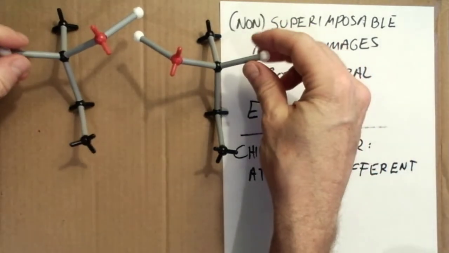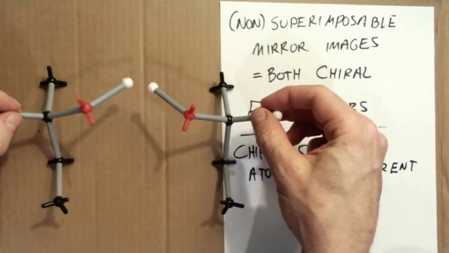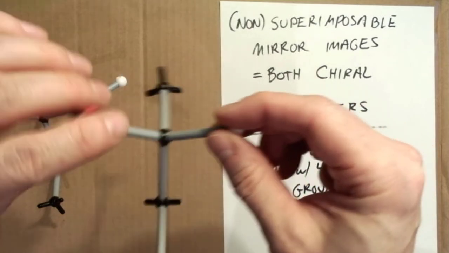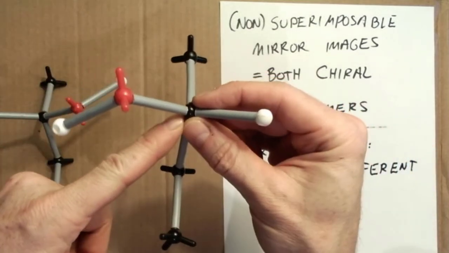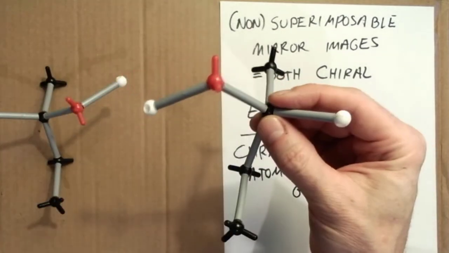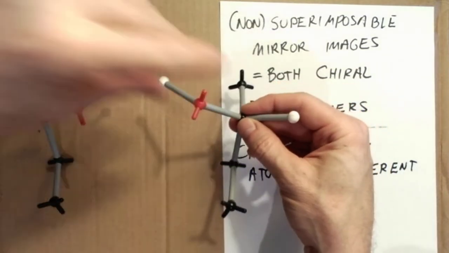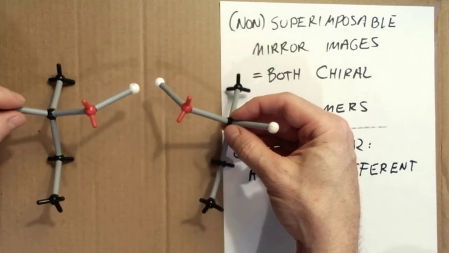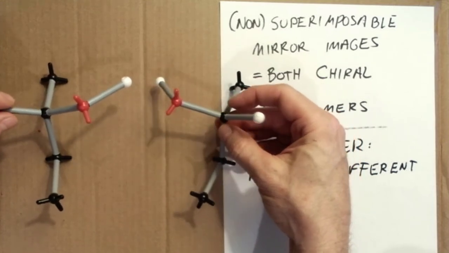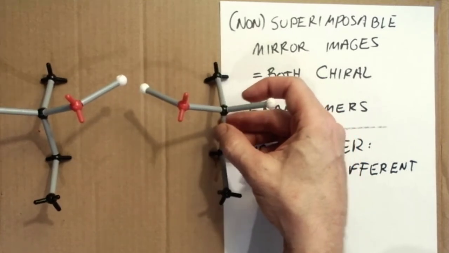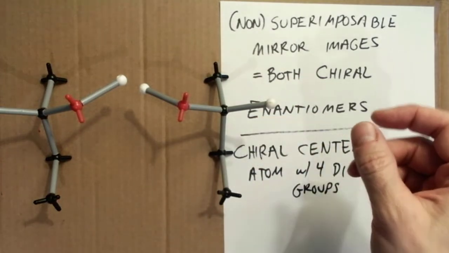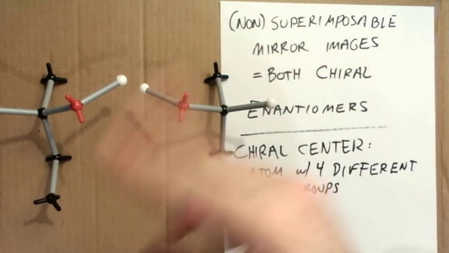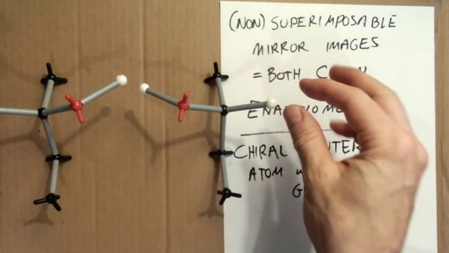And there are 2 different possible ways that those 4 groups could be attached around that carbon. And we'll later start referring to them as the absolute configurations R and S. But for now, we just want to realize that when we have one of these chiral centers, which is a stereocenter, or a position where stereochemistry happens, that we have 2 options, right?